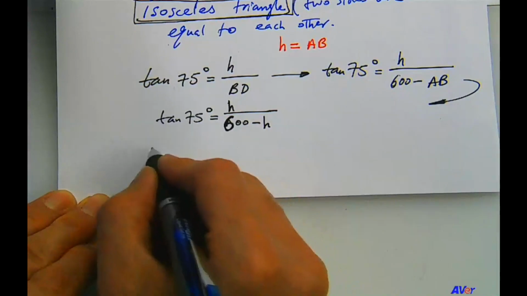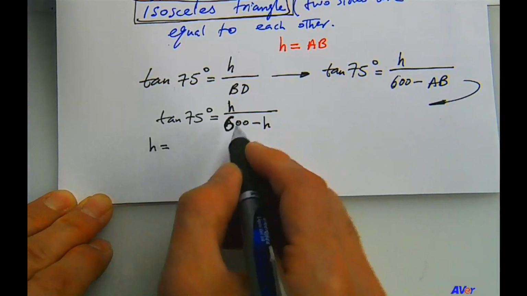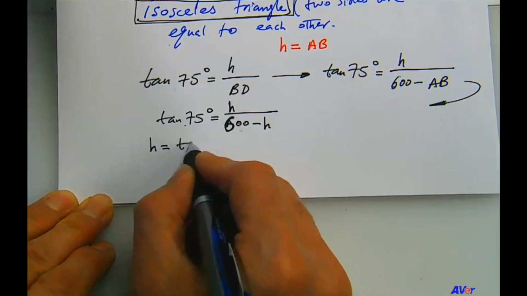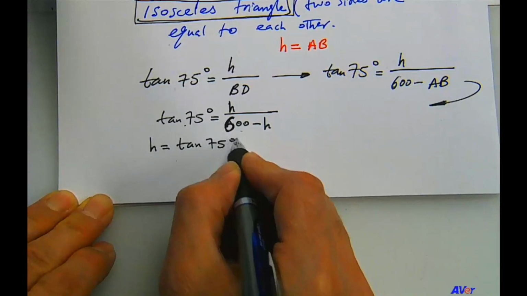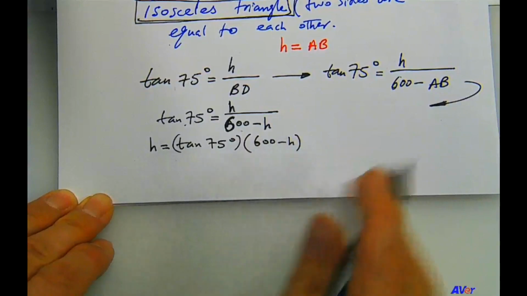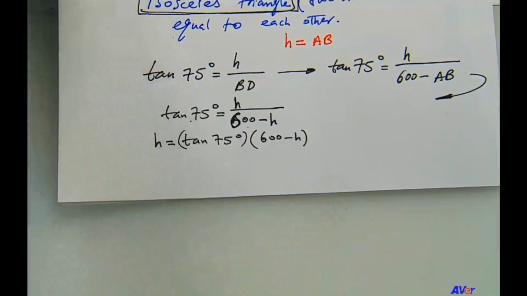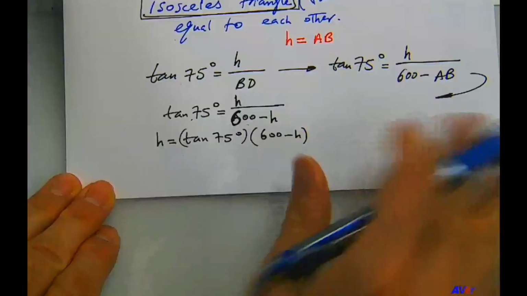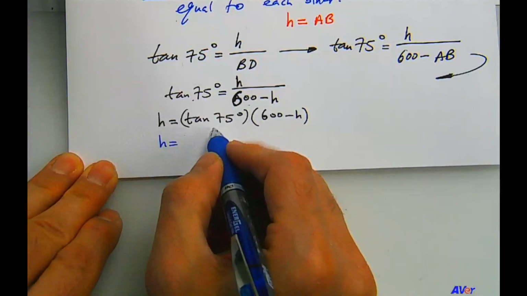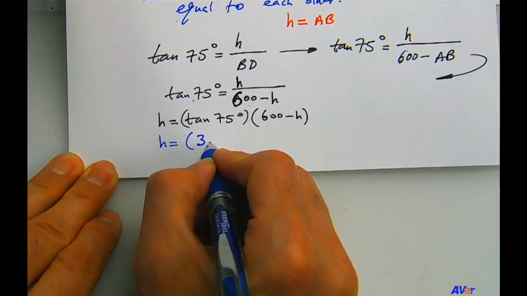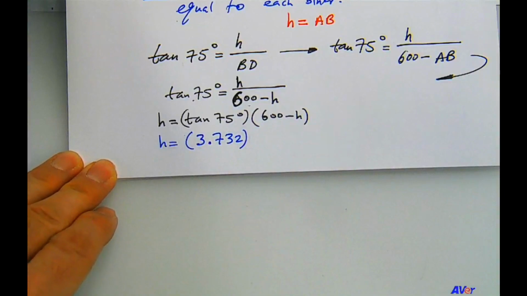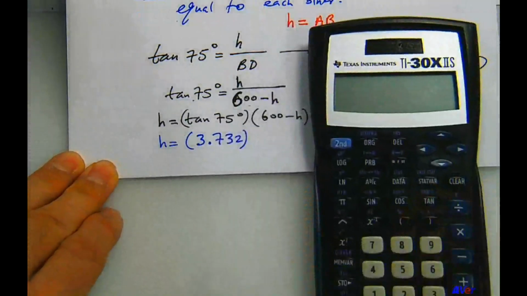So I'm going to write that here. H equals tangent of 75 degrees times all of that, minus h. Okay, so now if you use your calculator and find what that is, that's going to be equal to 3.732, and I must have rounded that number. I bet I rounded it.